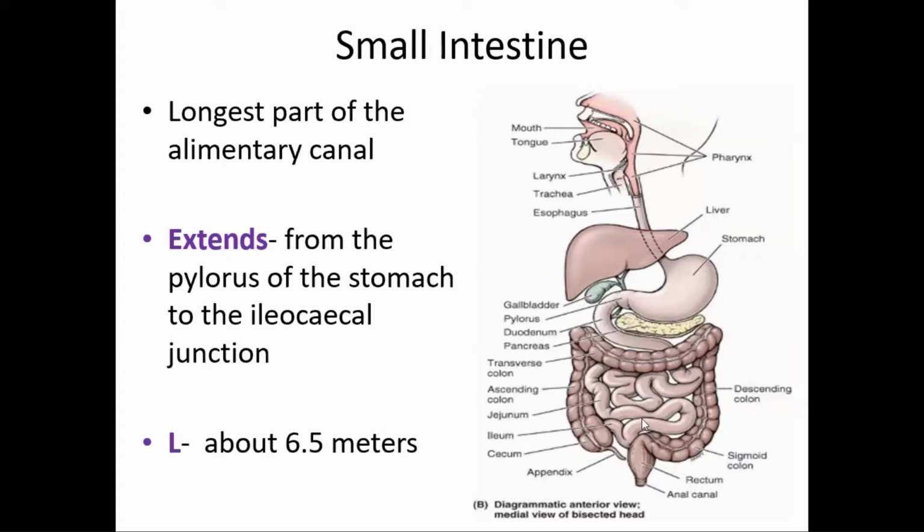In the stomach, mucosal folds are temporary, but in the small intestine these are permanent circular mucosal folds, called plicae circularis or valves of Kerckring.